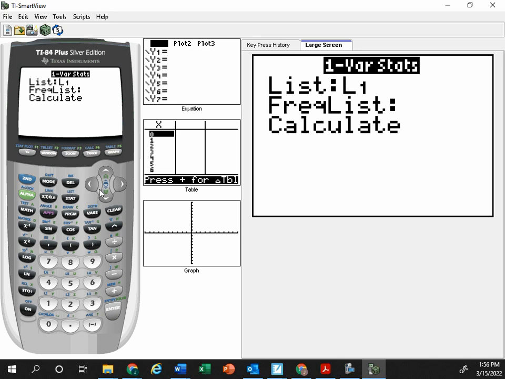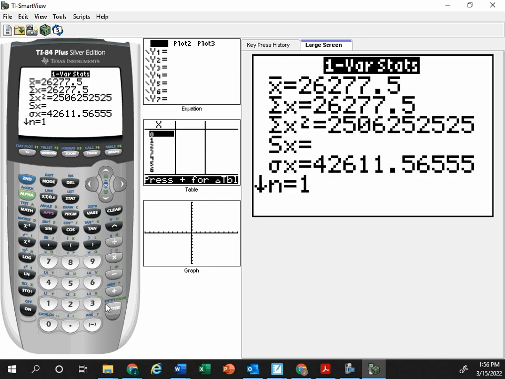I am going to use the frequency list this time. So I'm going to put my probability list, which for me was list 2, in the frequency list. And you can do that by pushing second and then 2. That puts list 2 in there, or whatever list yours happens to be in. And then I'm going to go down and push calculate. And hopefully yours looks something like that.